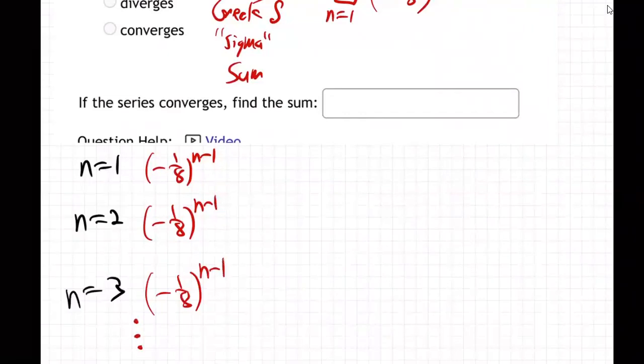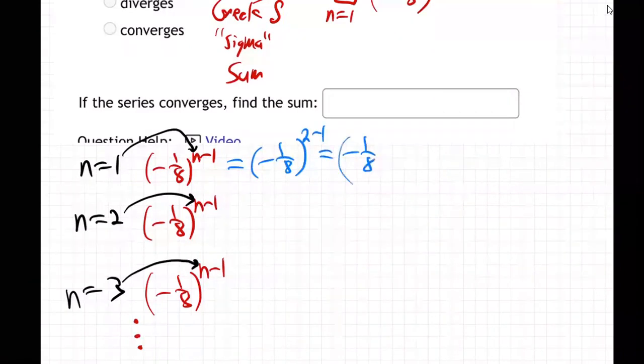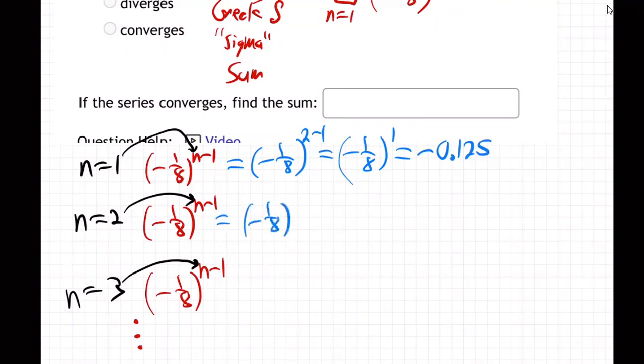So let's do that. When I plug in a 1, a 2, a 3, what do I get? I'm such a goofball, I plugged in the wrong thing.